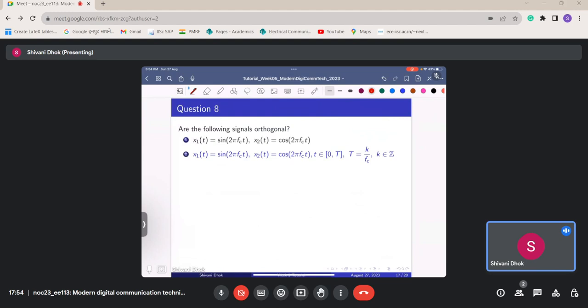It says that x1(t) is sine 2 pi fc t, x2(t) is cos 2 pi fc t, but now we are restricting that signal to a range of 0 to T. So this inner product of x1(t) comma x2(t) is simply equal to, now instead of minus infinity to infinity, it will be from 0 to T of sine 2 pi fc t into cos of 2 pi fc t dt, which again I can write as 1 by 2 integral 0 to T of sine of 4 pi fc t dt.